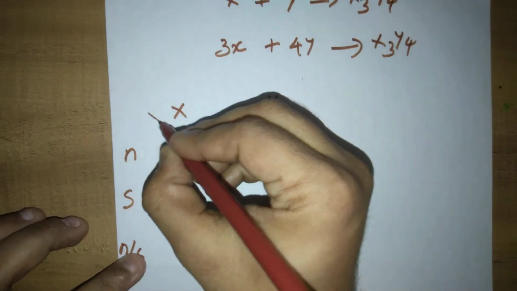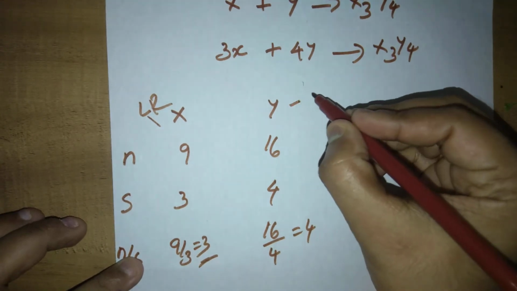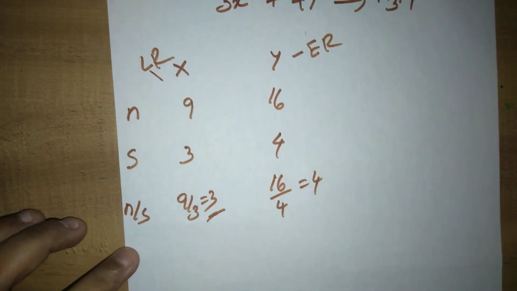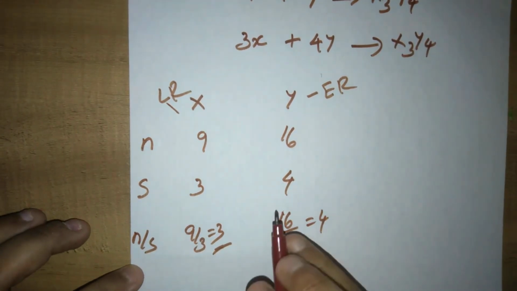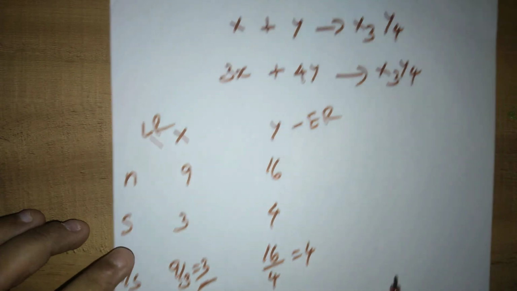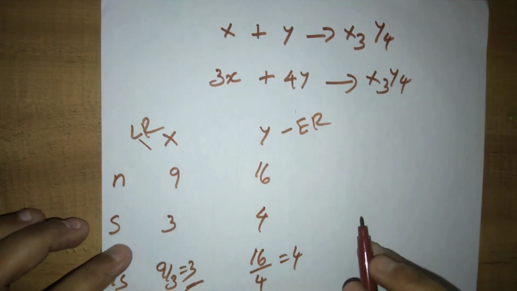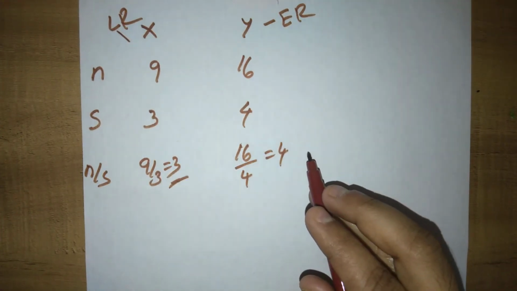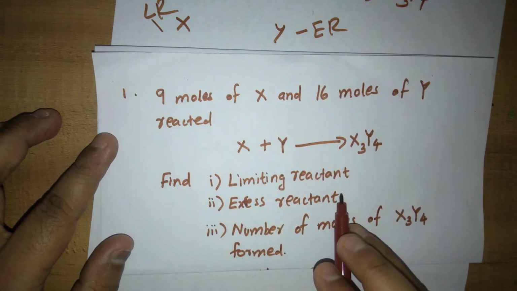X is the limiting reactant and Y is the excess reactant. The least n by s ratio is the limiting reactant, and the other one is the excess reactant. This limiting reactant will decide the amount of product formed. As per the question, we found the limiting reactant is X and the excess reactant is Y.